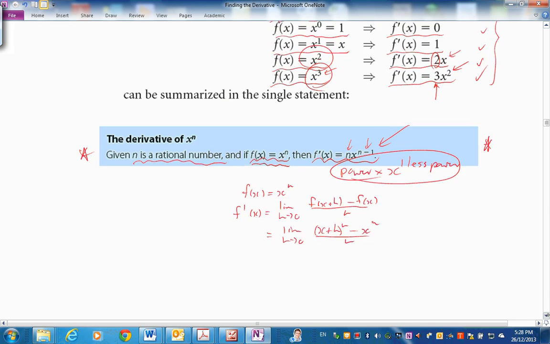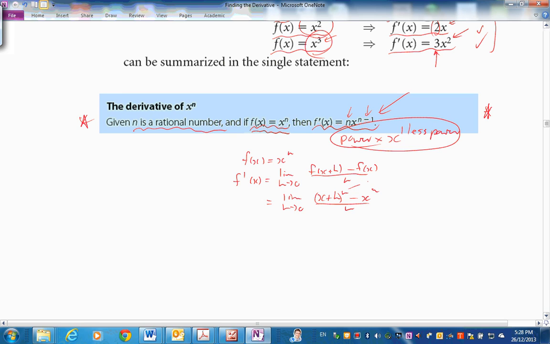Oh, do you remember your binomial expansions? This is binomial, isn't it? There are two terms. Let's do it. Limit as h tends to 0. Let's expand this: nC0 x to the n h to the 0, plus nC1 x to the n minus 1 by h to the 1, plus nC2 x to the n minus 2 by h to the 2, and we keep going, don't we?